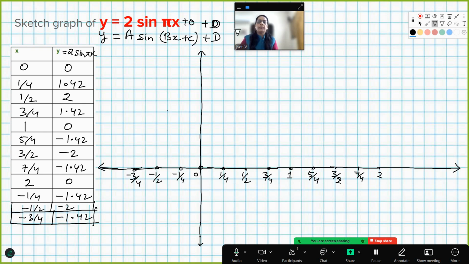Amplitude is 2, so I'm taking every 2 units as 1, so that's 1, 2. What numbers do you see on y-axis is 0, 2 and 1.42. 1.42 means what? This point is 1.5. 1.42 will be a little less than this. Here I'm drawing a line so that we understand that the graph amplitude will be up to this on either sides.